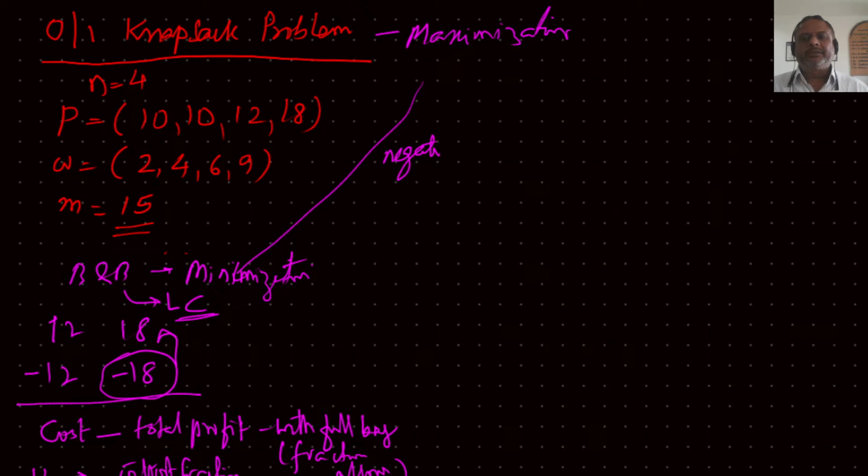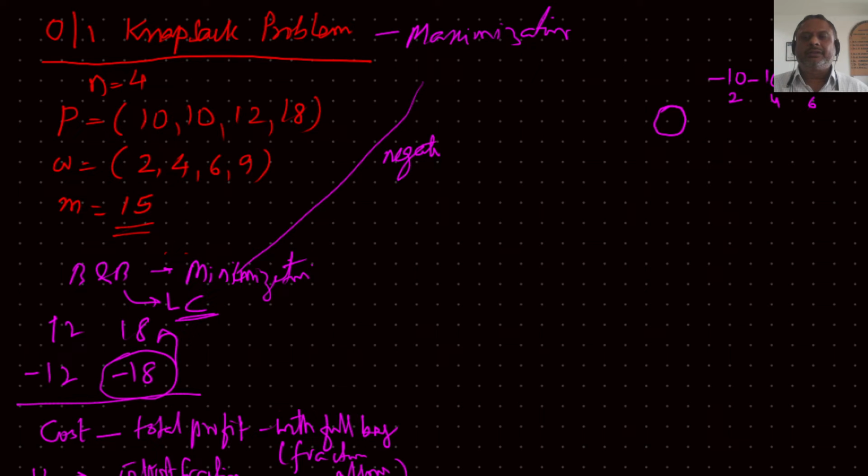To begin with, we don't know what is selected. So what is the total cost possible? We can take the first item, that makes 2 units of weight. Then we take minus 10 as the second item, so that makes 4 units. Then the next item has a profit of 12 and a size of 6.